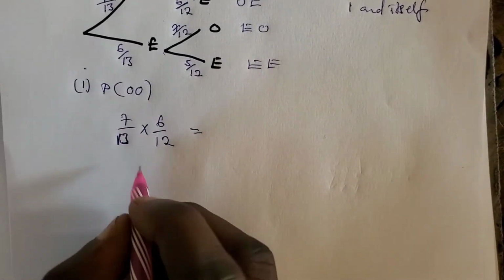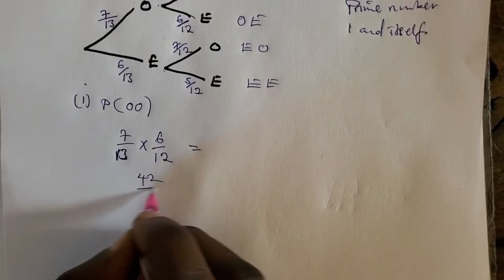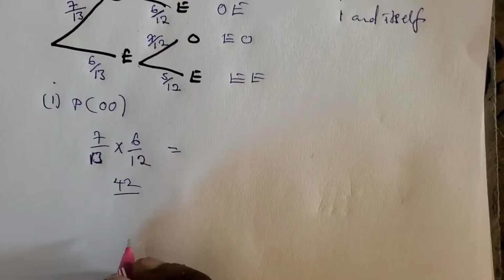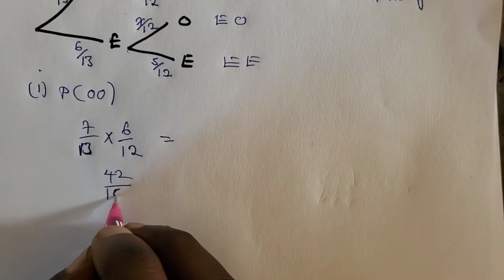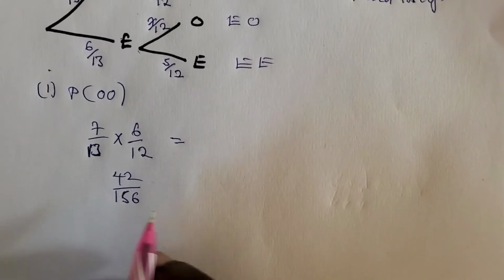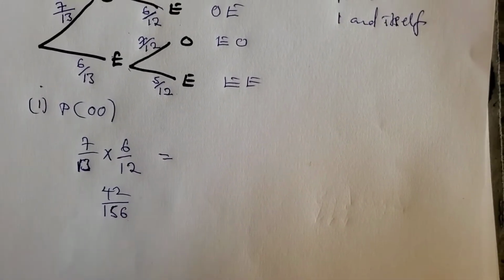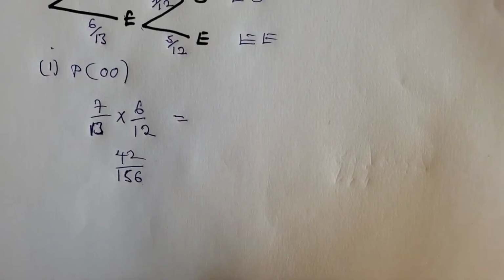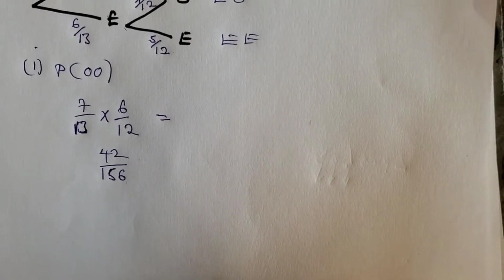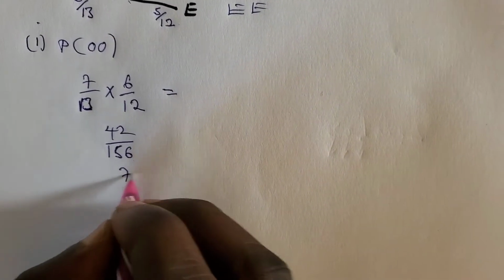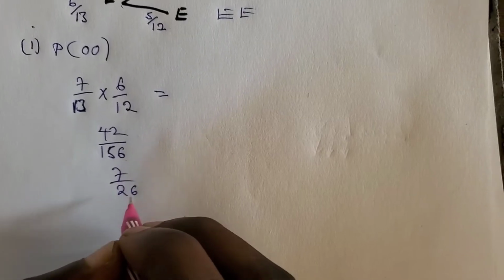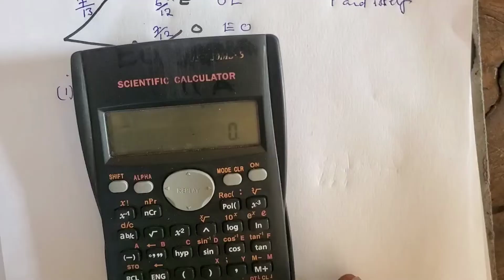So 7 times 6 is 42, over 13 times 12, 156. Then you can just punch this on the calculator. It will be reduced to 7 over 26. So it is 7 over 26. How is this one done?